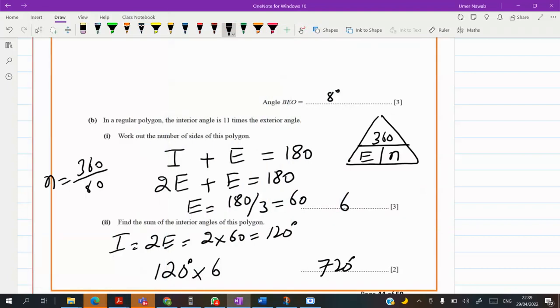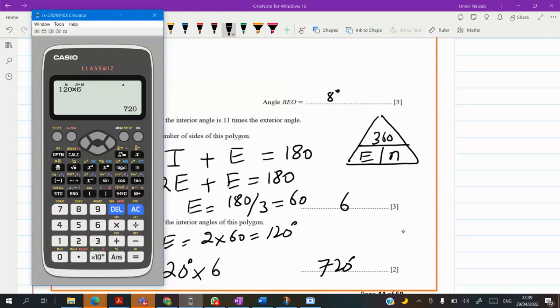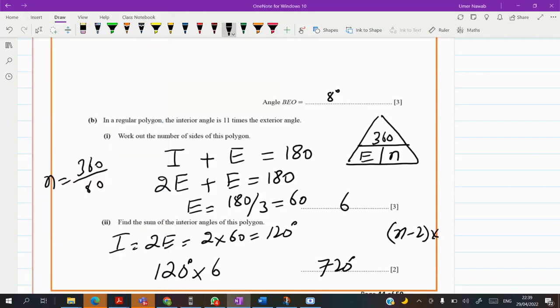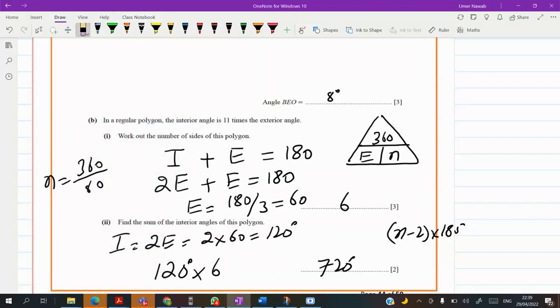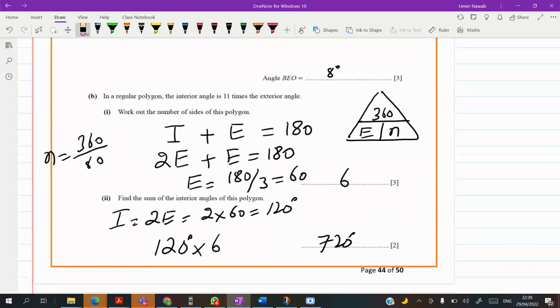There is another property, which is the formula n minus 2 times 180. So 180 times 4 will also give you 720. Any approach can take you towards the final answer.